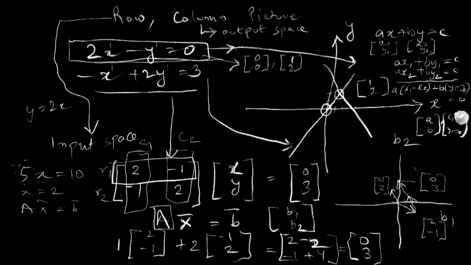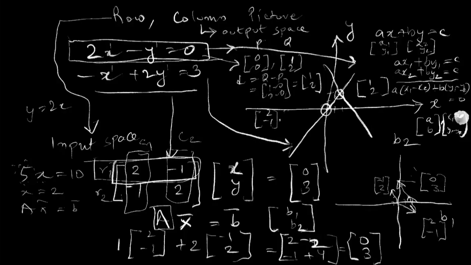If this is point P and this is point Q, the direction vector is Q minus P, that is (1 minus 0, 2 minus 0), which is (1, 2). Now if I take the row vector, (2, -1), and do a dot product with (1, 2), what do I get? 2 minus 2 equals 0. So this line is perpendicular to the vector represented by (2, -1).